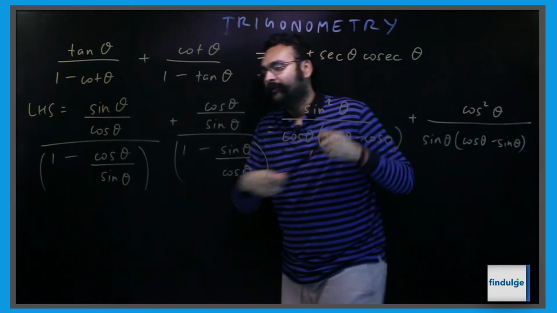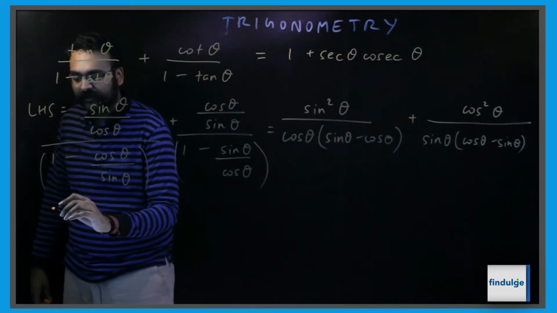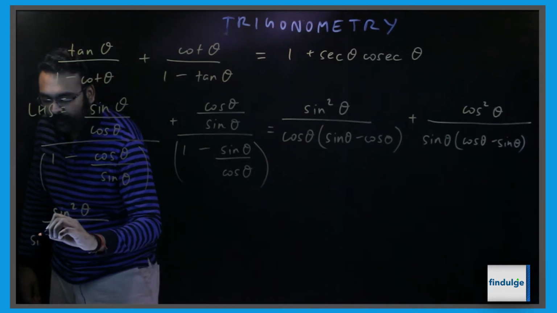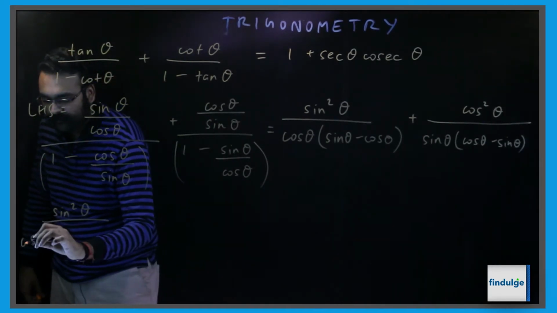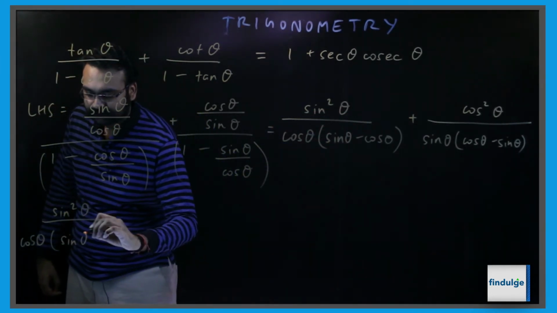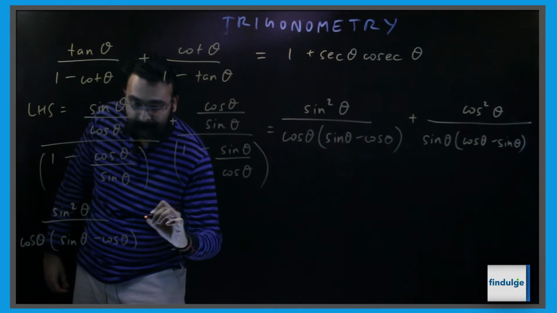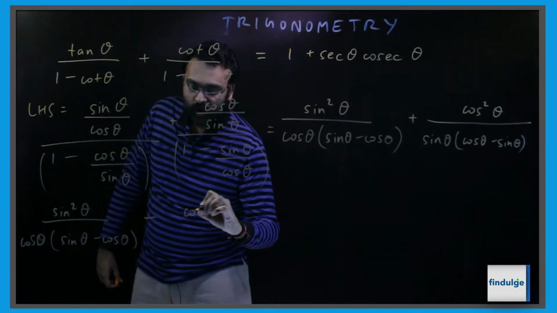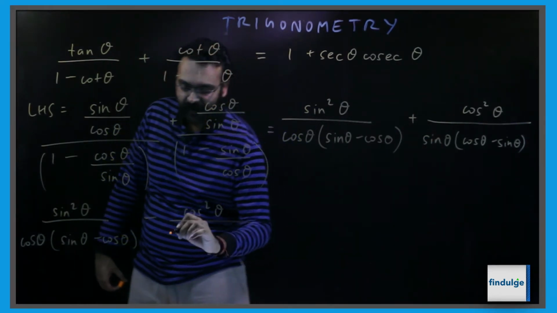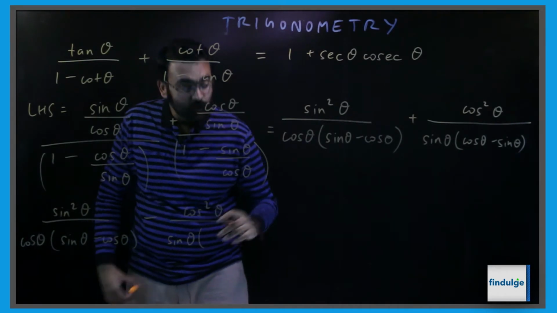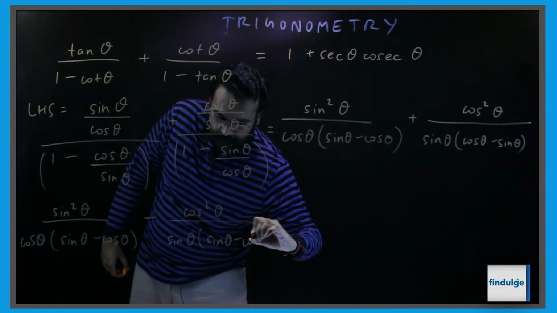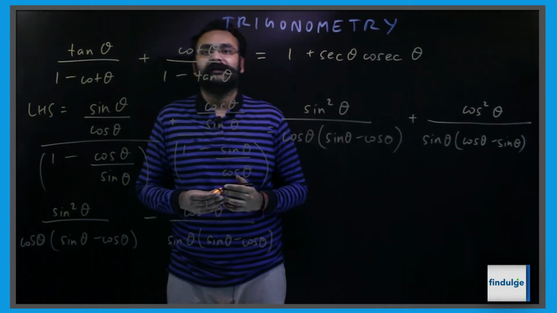Upon doing that, our LHS turns into sine square theta upon cos theta into sine theta minus cos theta, minus cos square theta upon sine theta into, and like I said, this flips to sine theta minus cos theta.